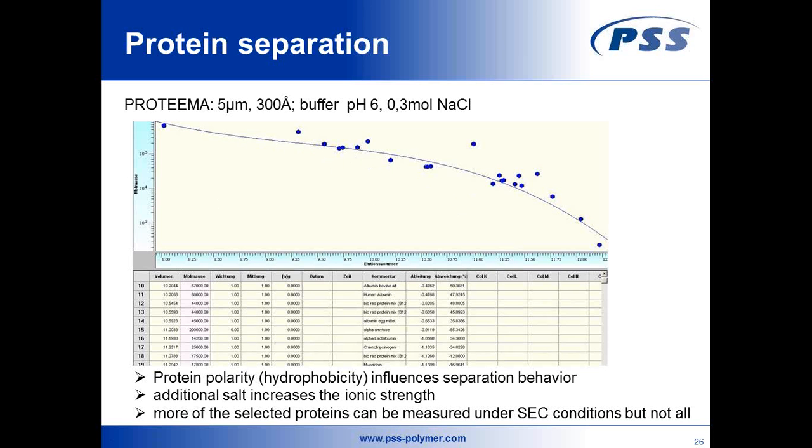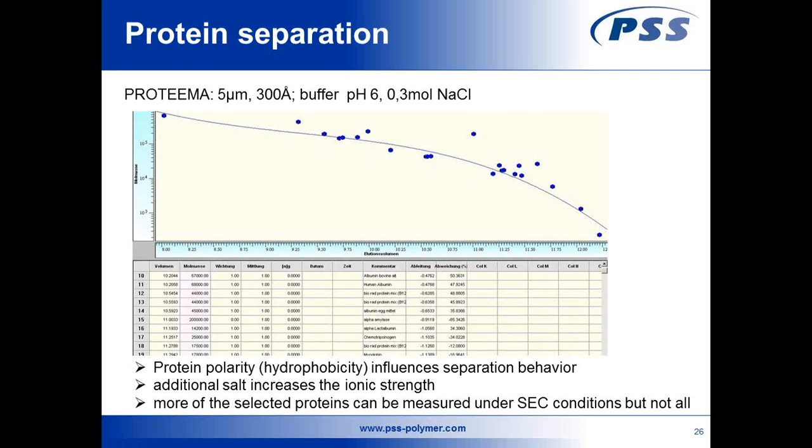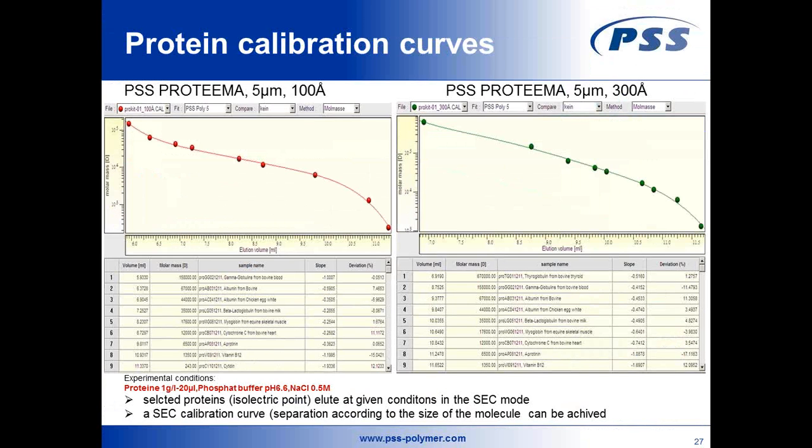The protein polarity still influences the separation for some of them. So next, we further increased the ionic strength, as indicated here in this red line. We increased the sodium chloride concentration up to 0.5 or sometimes even 0.6 molar.